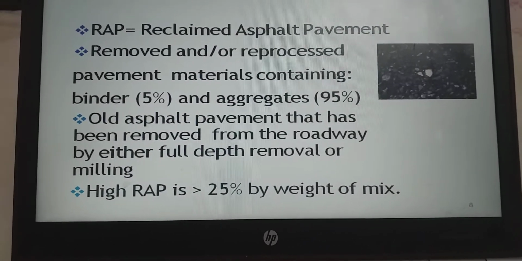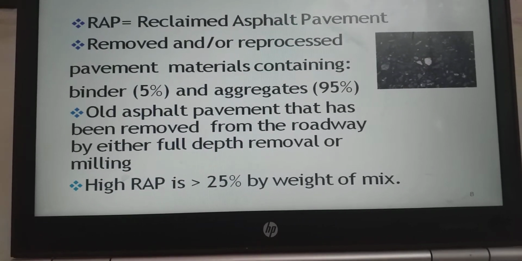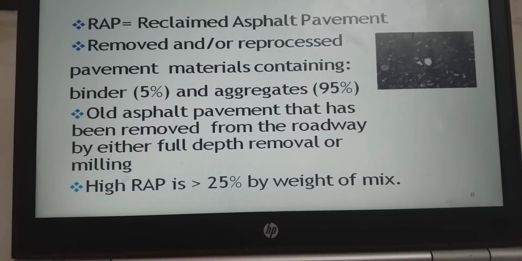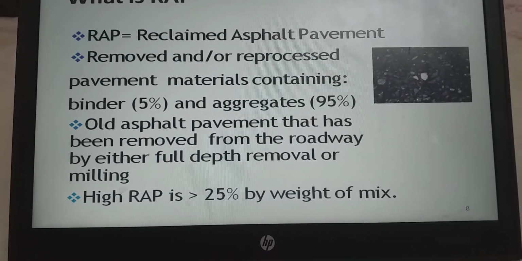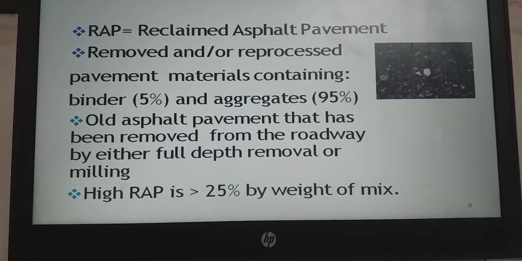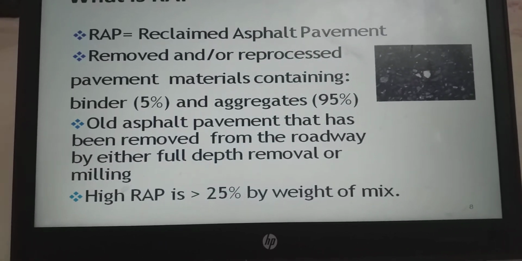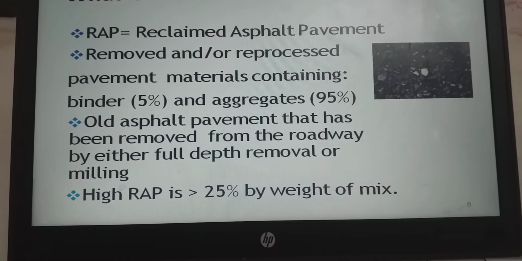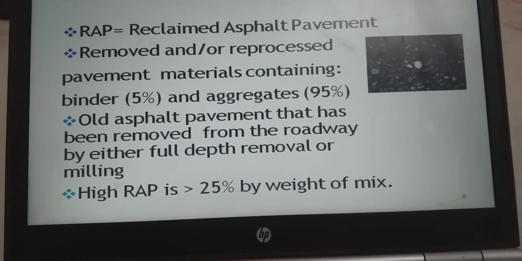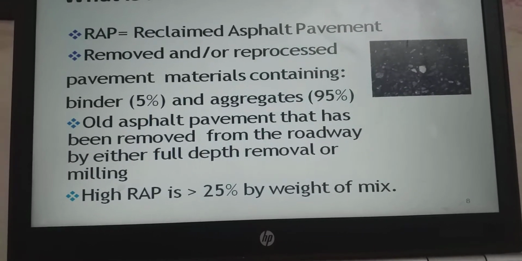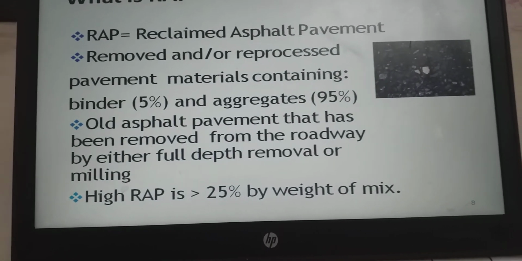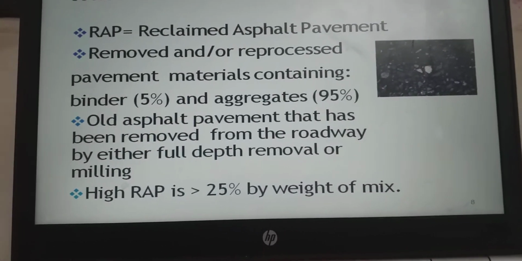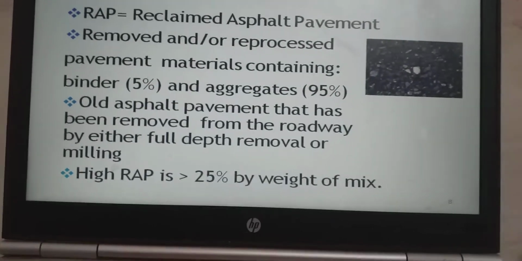The percentage of binder is 5% and aggregate is 95%. So if we recycle earlier pavement, then we can save the aggregate and only add the binder. See the huge wastage we can remove with the help of recycling.